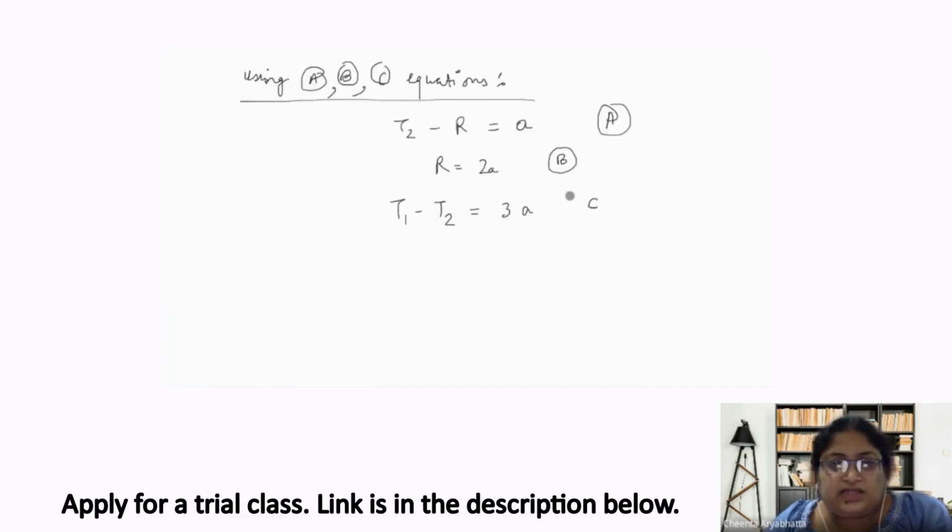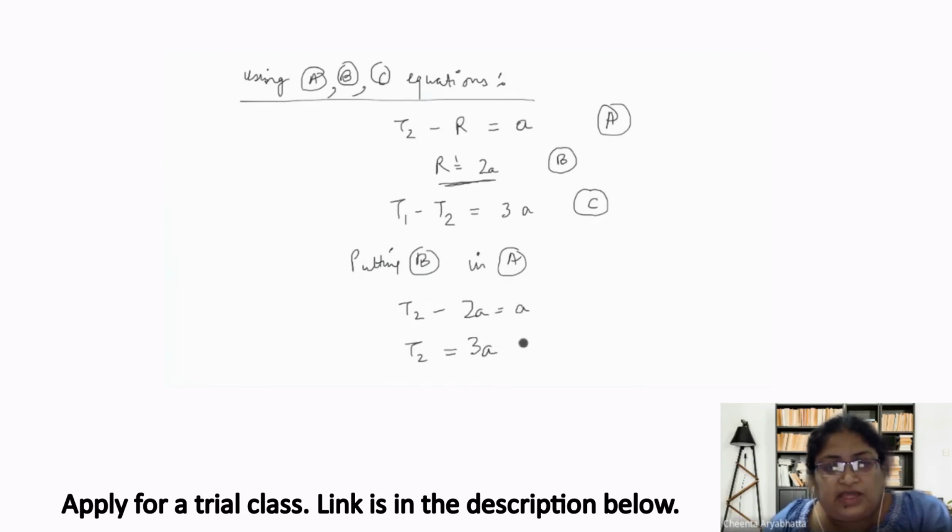These are the three equations. I need to get the acceleration and the tensions, right? So putting B in A, I'm replacing R with 2a. So from here, T2 will be equal to 3a, right? So let's call this equation D.